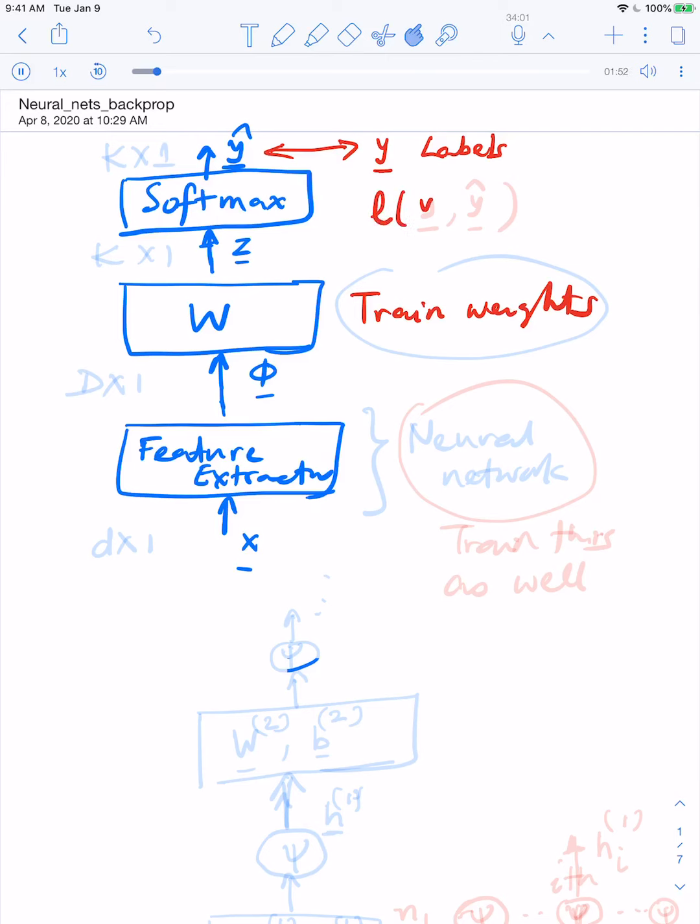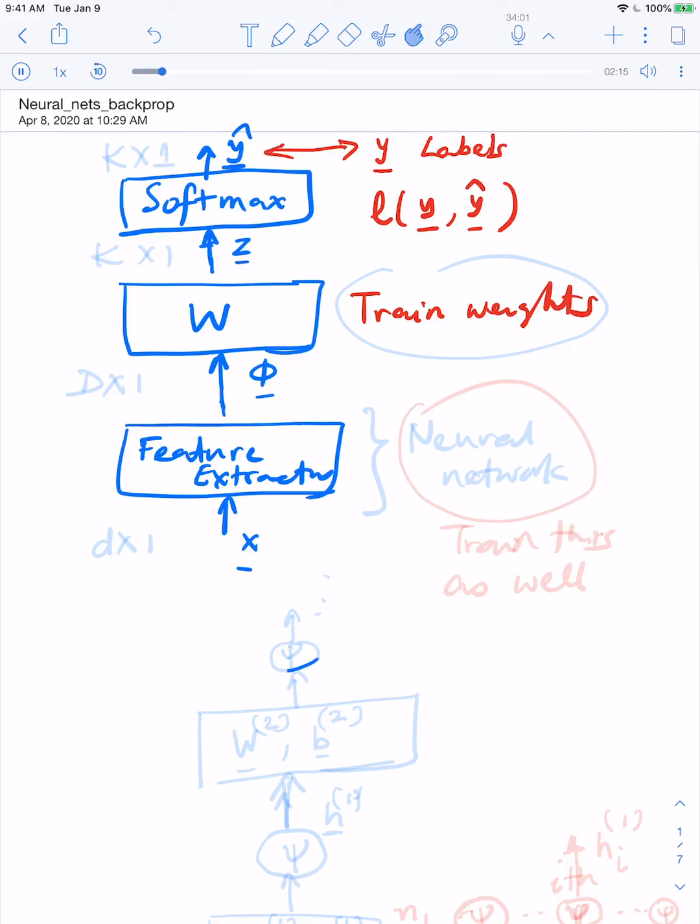So I'm going to say a loss function that compares the labels with the estimates, and I'm assuming one hot labeling here, and then you optimize this to train your weights. That's the framework for multi-class logistic regression that is there in the previous handout.